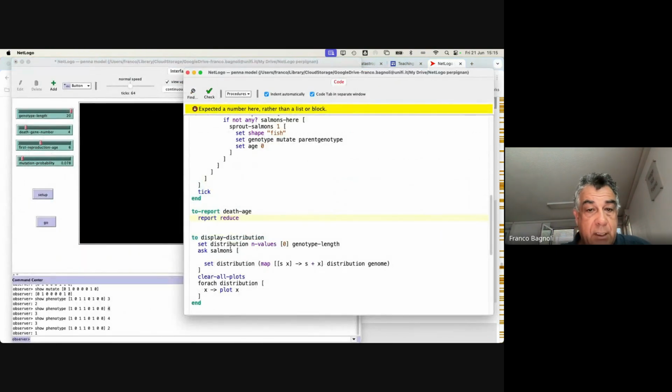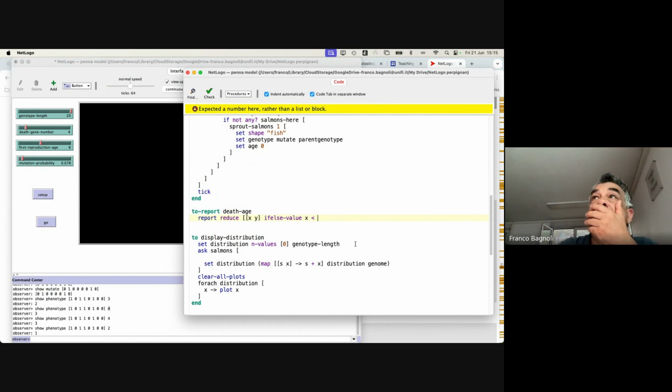So reduce, x and y. Then if, else, value, returns x less than death gene number.